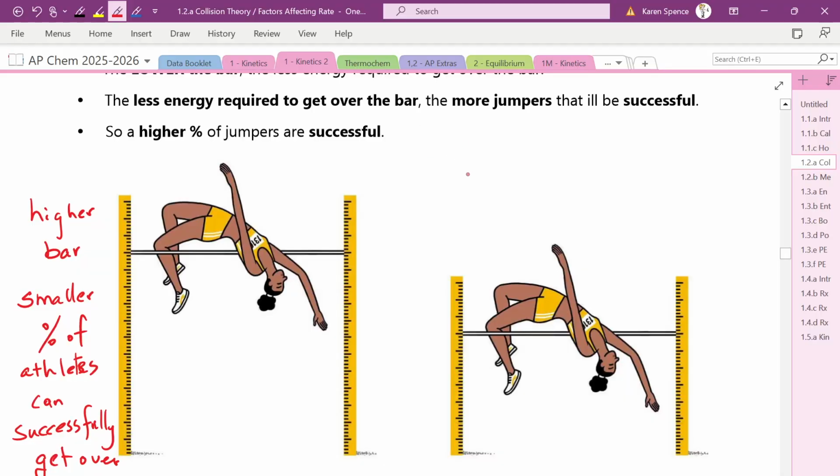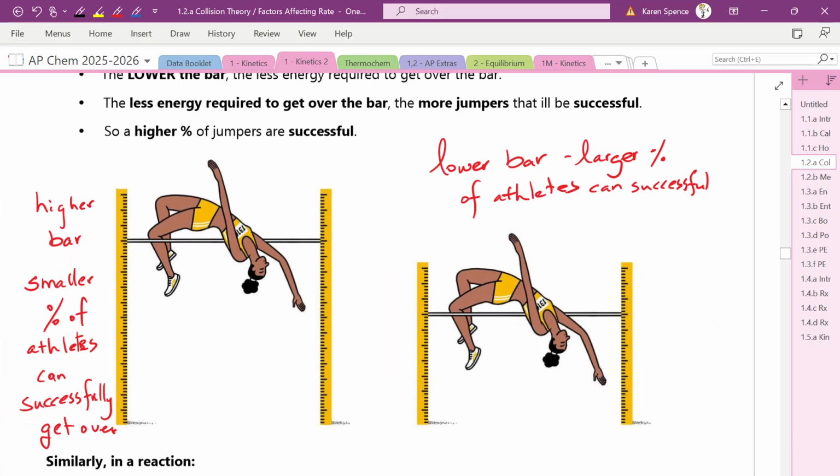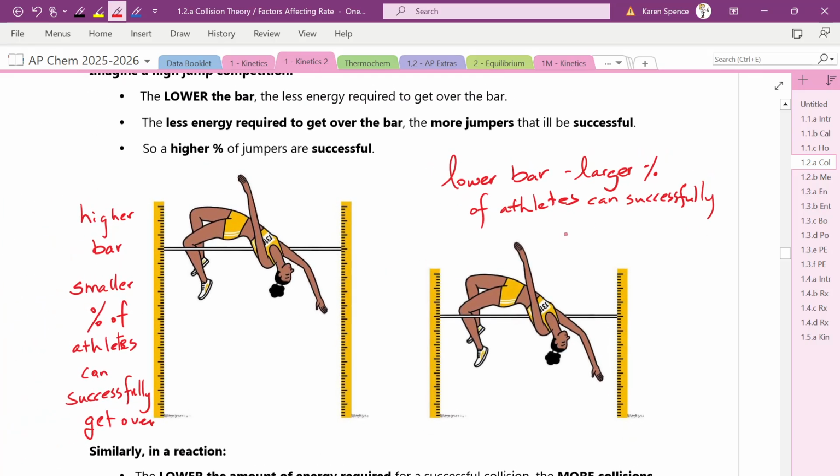If you have a lower bar, a larger percent of athletes can successfully get over the bar. What a catalyst does is it lowers the bar.